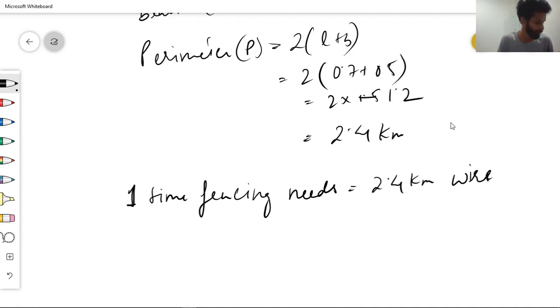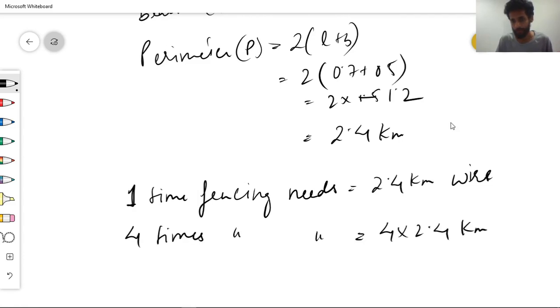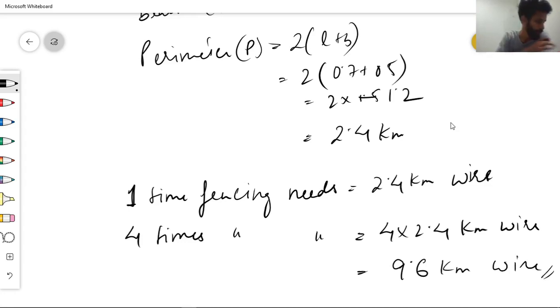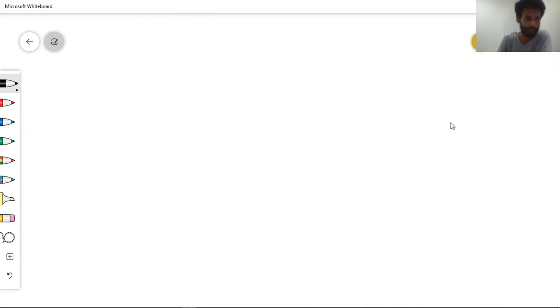We have to fence 4 times. 4 times fencing needs 4 into 2.4 kilometer of wire, that is 9.6 kilometer of wire. Okay, this is clear.